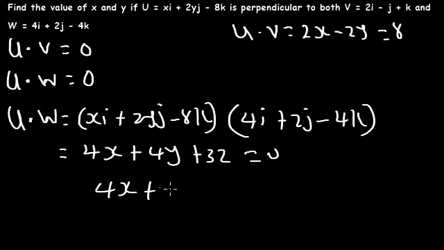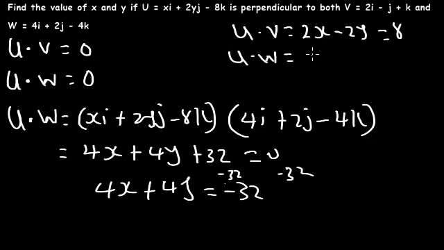So by the time we subtract 32 from both sides, we have the second equation: 4x plus 4y equals negative 32. And that is it.